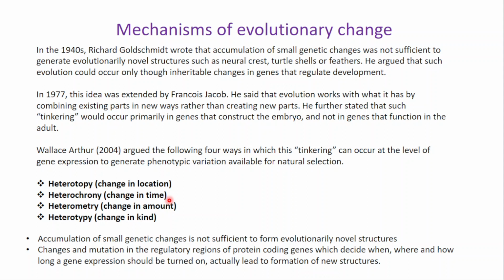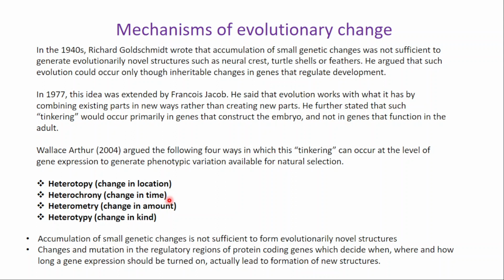Heterometry, change in amount of gene expression. So any phenomenon which is altering the amount of gene expression in a particular organism can lead to formation of different structures, as we have seen in the presence of morphogen.